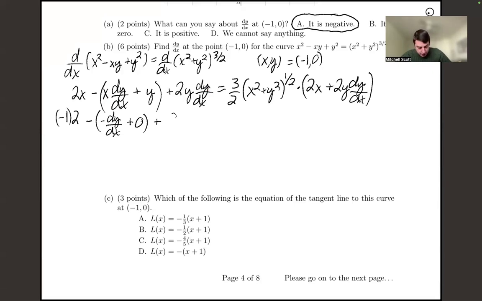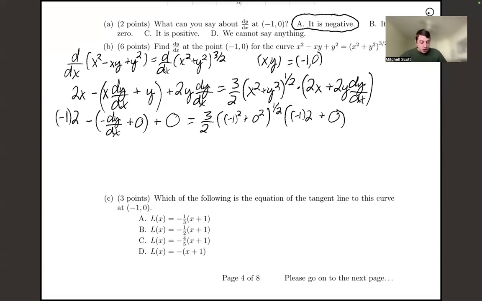Well, y is 0, so this term is going to be 0, equals 3/2 times x squared, well, that's -1 squared plus 0 squared, to the 1/2, times 2 times -1 plus, and again, y is 0, so this whole thing is 0.